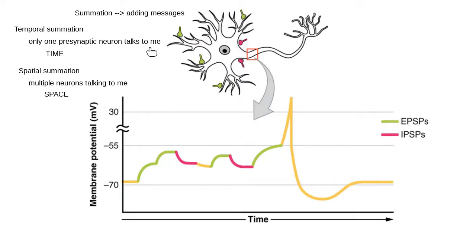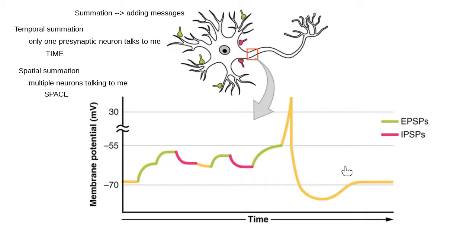If I'm doing temporal summation and I'm getting EPSPs and IPSPs, it means that my original neuron is spitting out different neurotransmitters. So if my presynaptic neuron can spit out different neurotransmitters, that would allow me to have EPSPs or IPSPs.